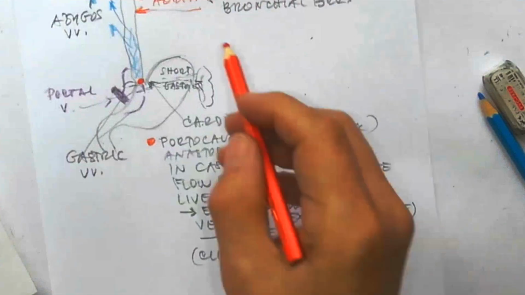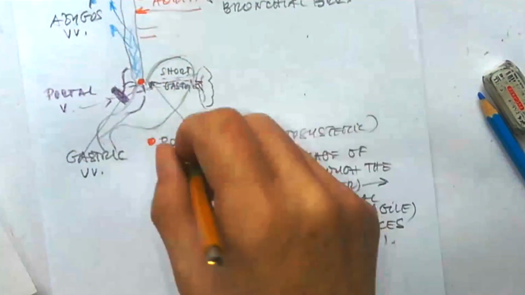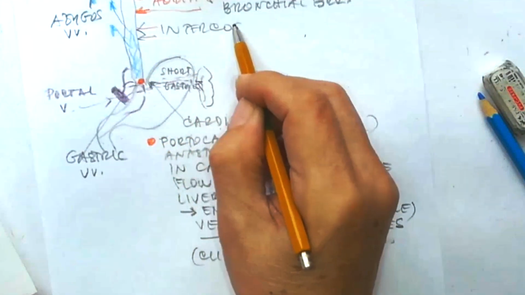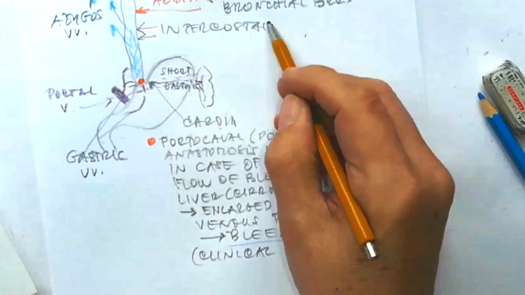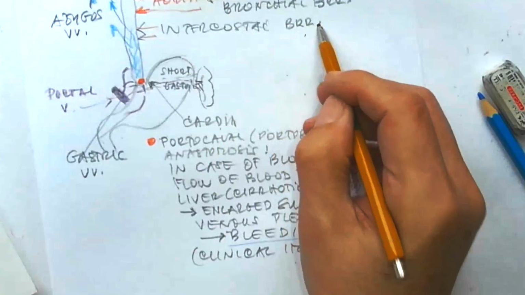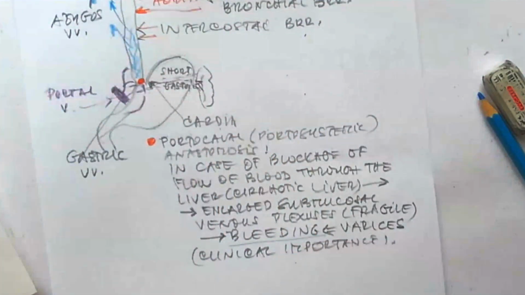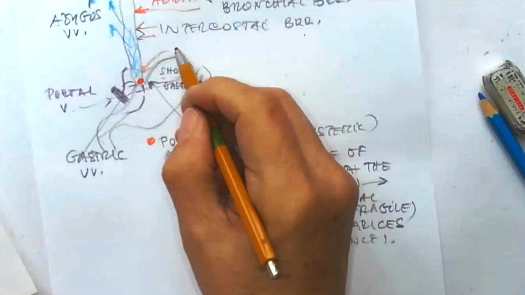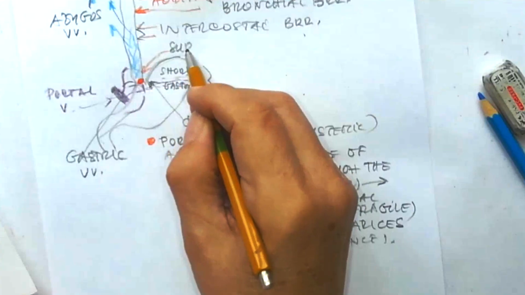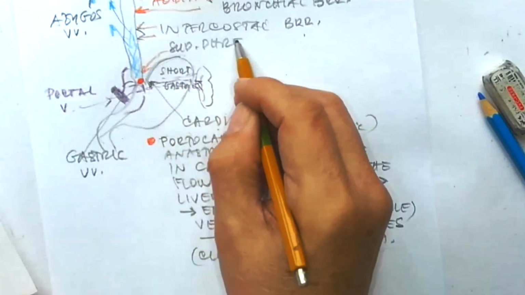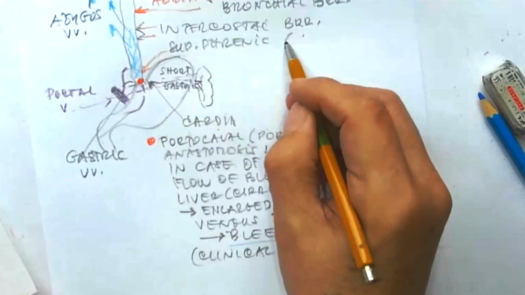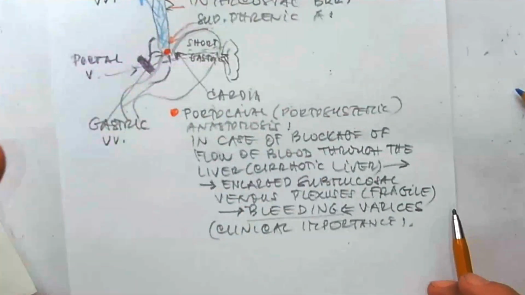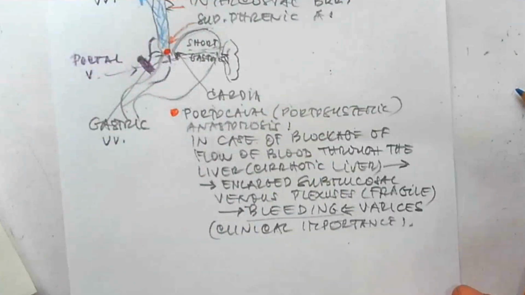Then intercostal also, some of them are intercostal arteries, branches. And finally, one comes from phrenic artery, superior phrenic artery. So we describe the blood supply, venous drainage, lymphatic drainage, innervation.